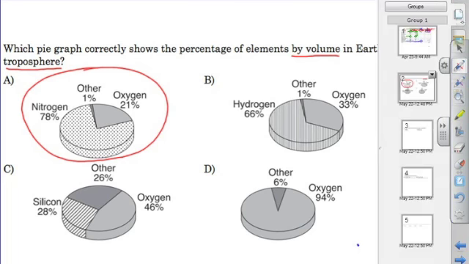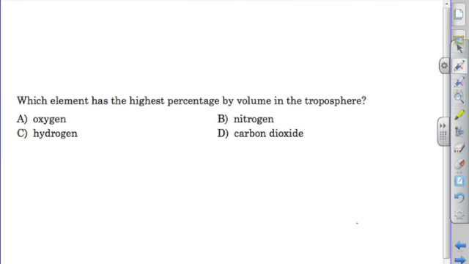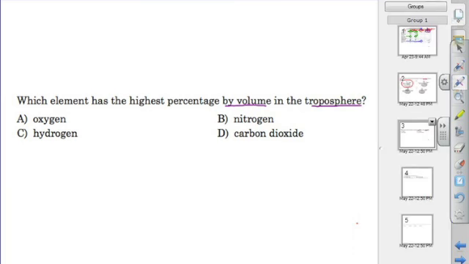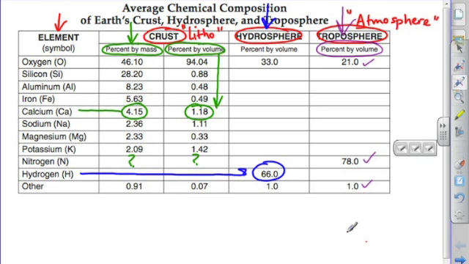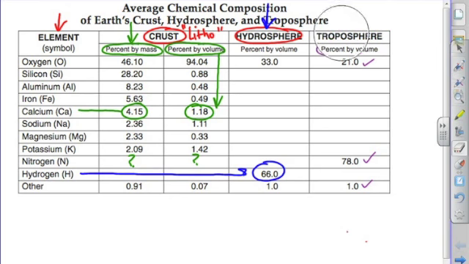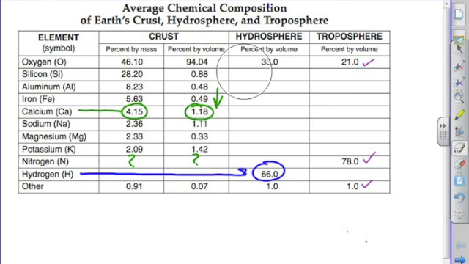Another type of question that you might be asked based on this chart could be like this. Which element has the highest percentage by volume in the troposphere? Once again, it's by volume in the troposphere, and they want to know the highest percentage. I'm just going to take a moment to erase this, so we're looking at a clean chart.